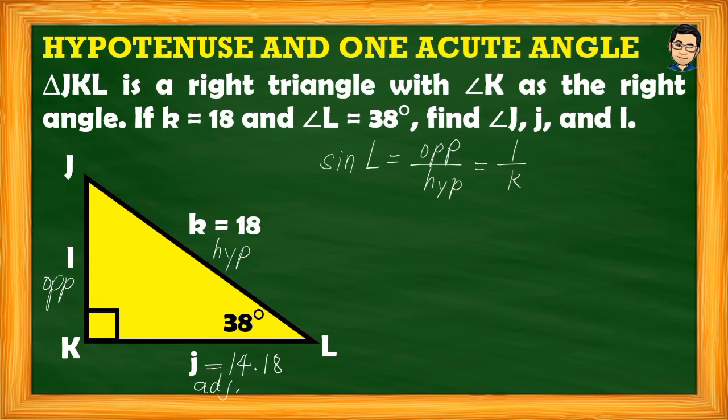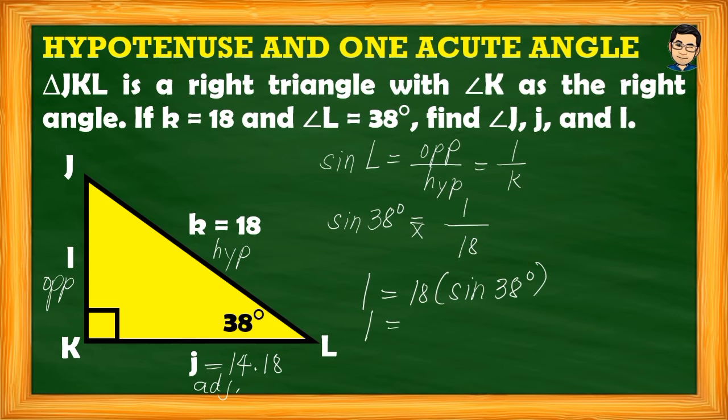So, yung given angle natin is 38 degrees. So, sine 38 degrees is equal to opposite L over hypotenuse 18. So again, yung ginawa natin kanina is cross multiplication. So magiging L is equal to 18 times sine 38 degrees. So ganun lang din, press natin sa calcu sine 38 degrees.